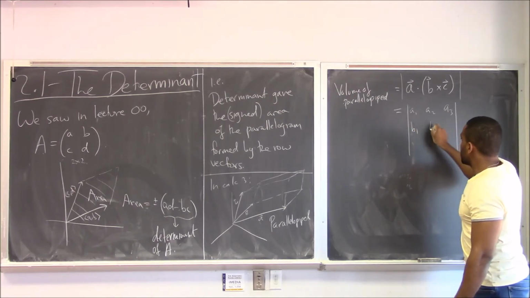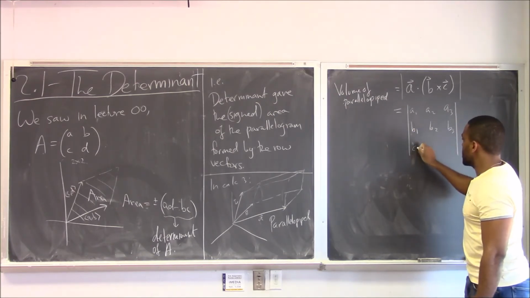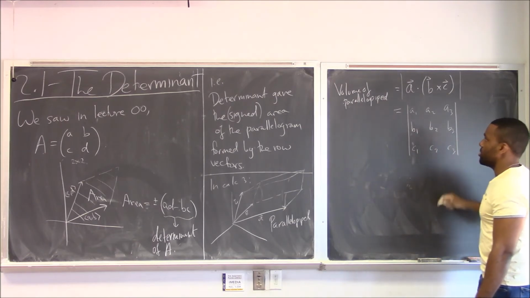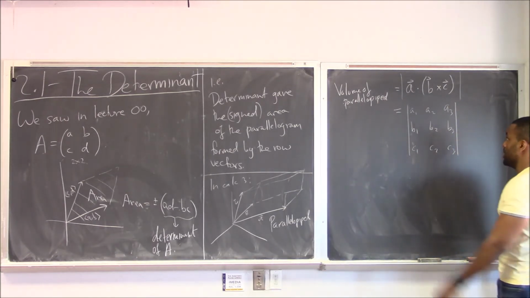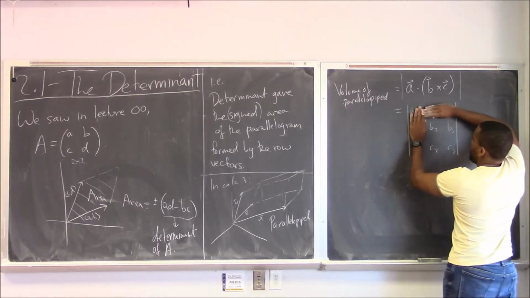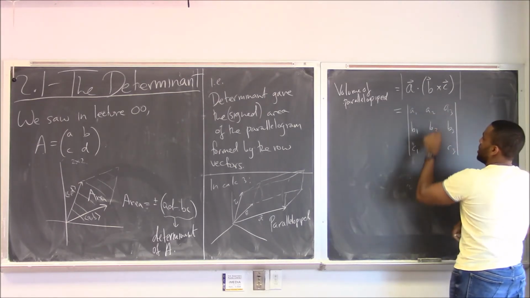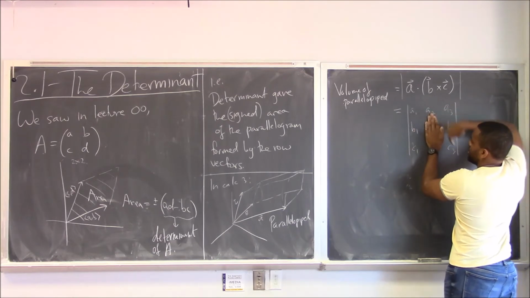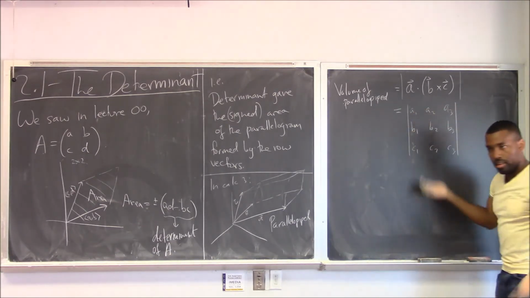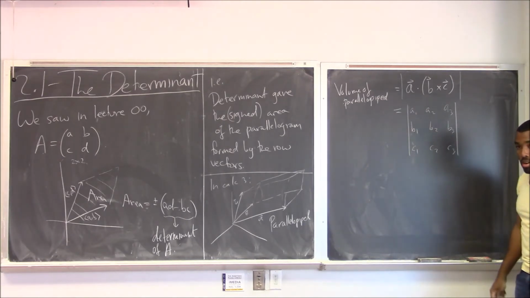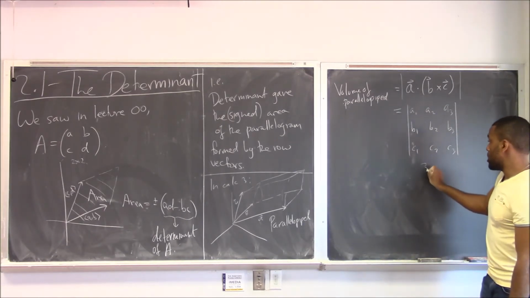And you put the components of the 3 vectors here, and you did the same sort of manipulation you did to find the cross product. It was this multiplied by this times this minus that times that, minus this multiplied by this times this minus that times that, plus this multiplied by this times this minus that times that. And that actually gave you the volume. This is the 3 by 3 determinant.